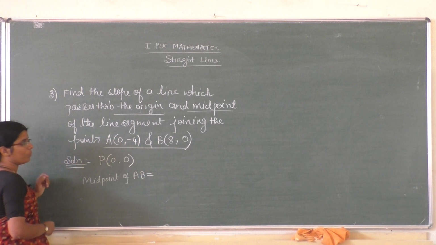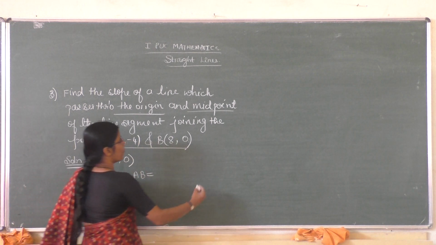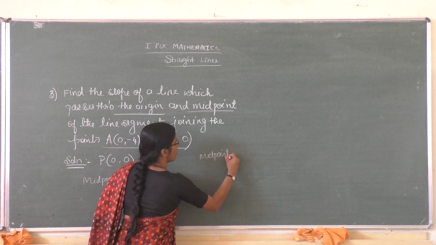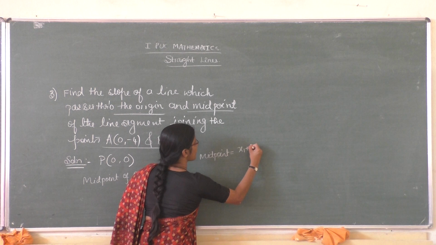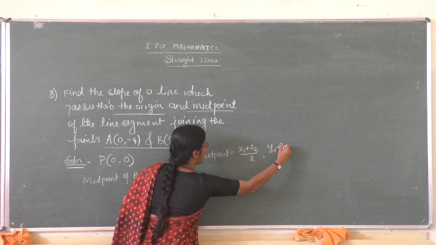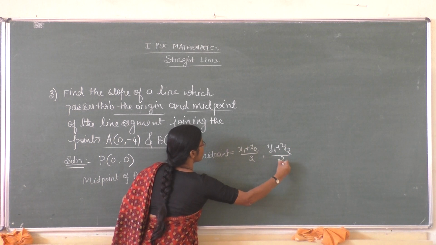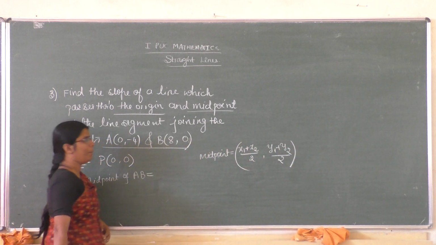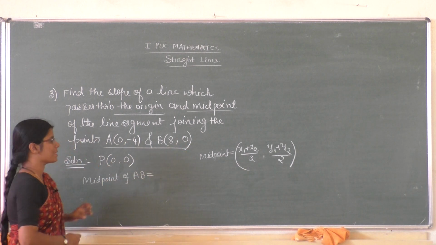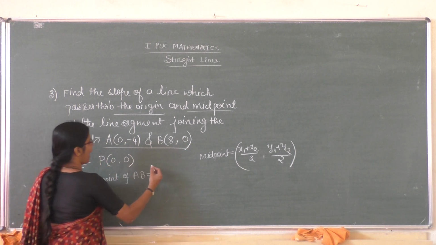You know the formula. What is the formula for midpoint? Midpoint is x1 plus x2 by 2, y1 plus y2 by 2.